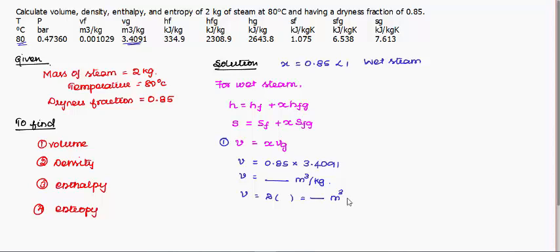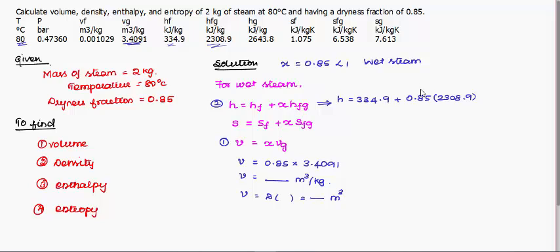The final answer of volume is in meter cube. Now, how can you calculate the enthalpy? Density is to be calculated last. Enthalpy, this is the second step. H equal to HF value at 80 degrees Celsius, which is 334.9, plus X value 0.85 into HFG value, given as 2308.9.